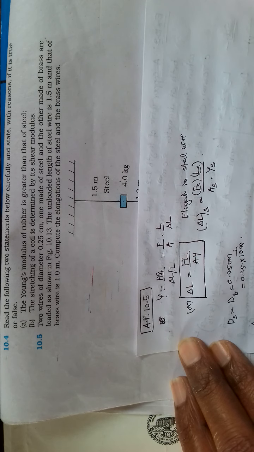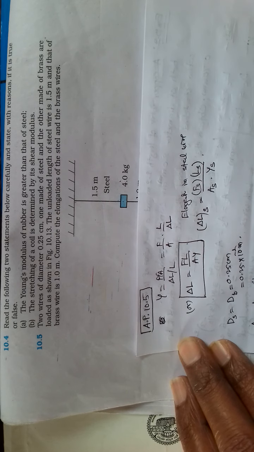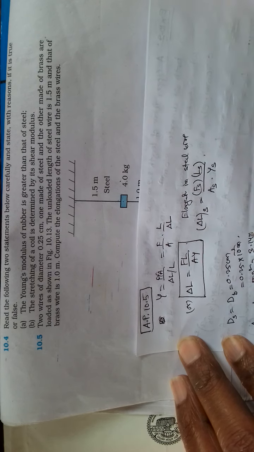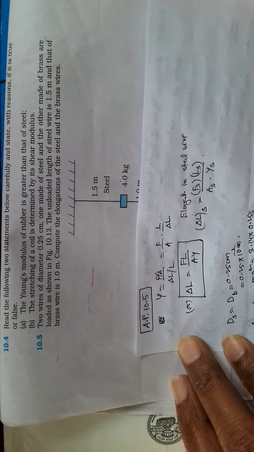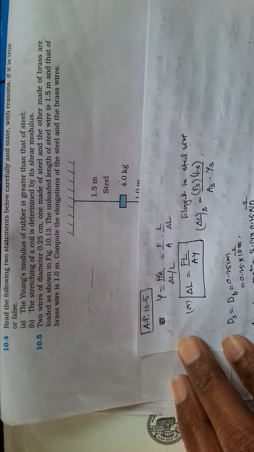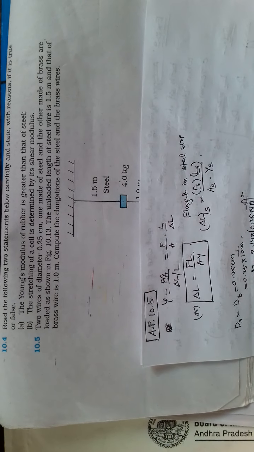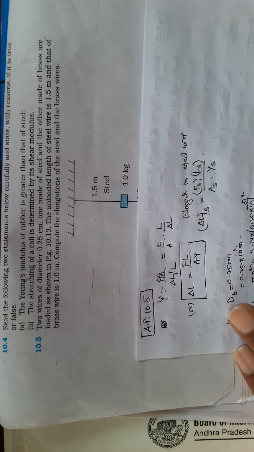So cross sectional area becomes pi d square by 4, and that is 3.14 into 0.25 into 10 power minus 2, this squared, divided by 4. So we get 490 into 10 power minus 8 meter square.